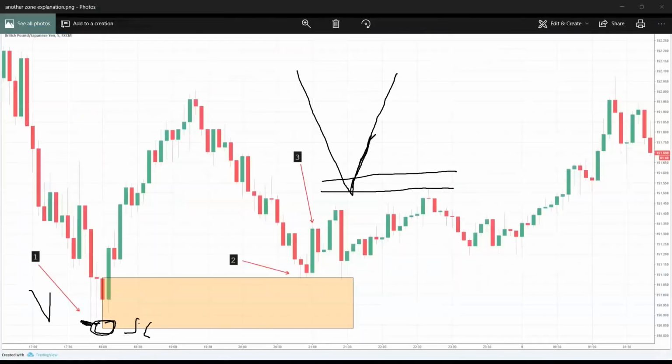Let me show you. There's a bullish candle here, and so on. If one of these candles does something like this and pierces through this zone as it's forming, I wouldn't consider this as a valid zone.